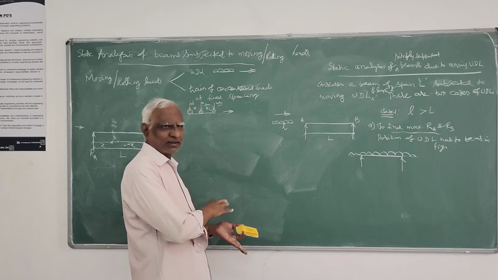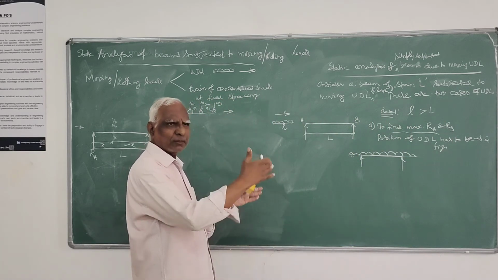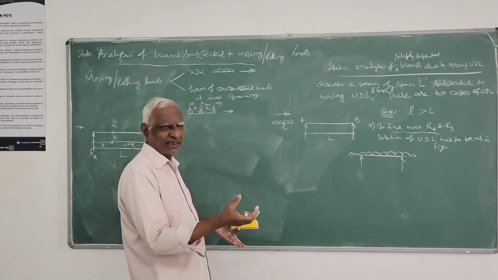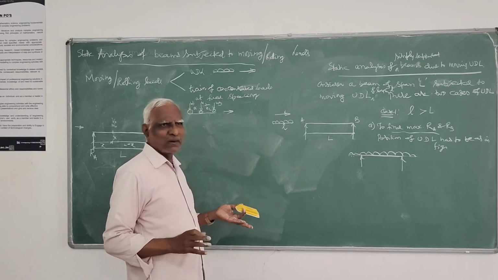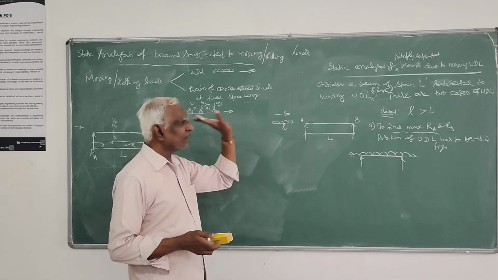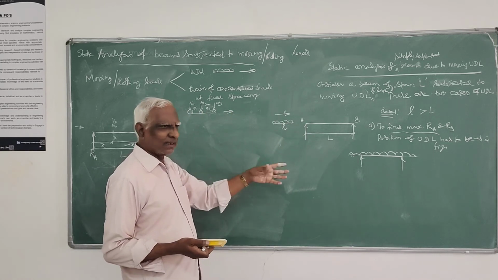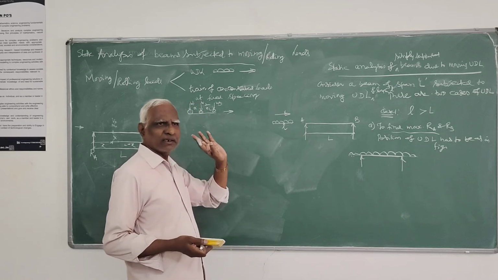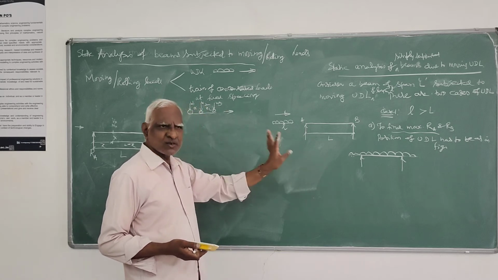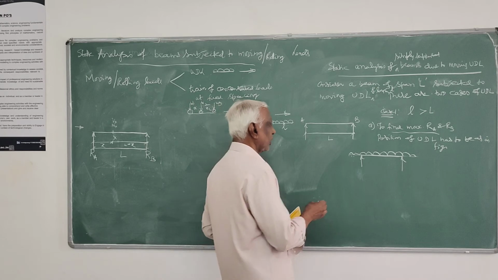That I told before itself: you have to determine the position using some criteria or by trial and error method. Here there is only one trial, that the entire span has to be covered. That's obvious. This gives you the maximum value of RA or RB.